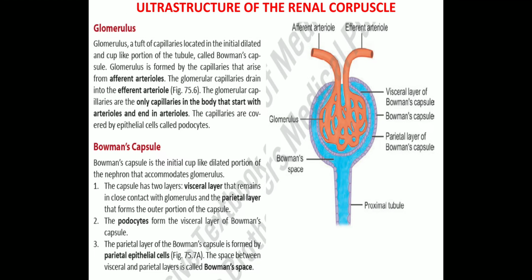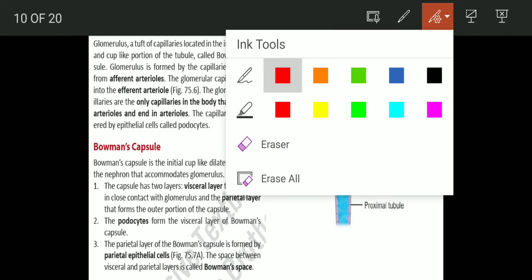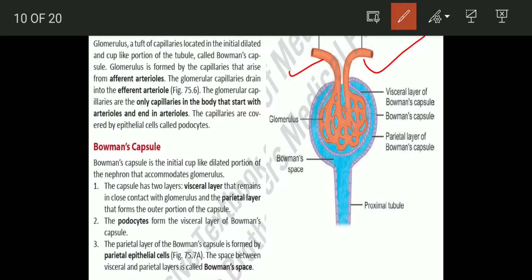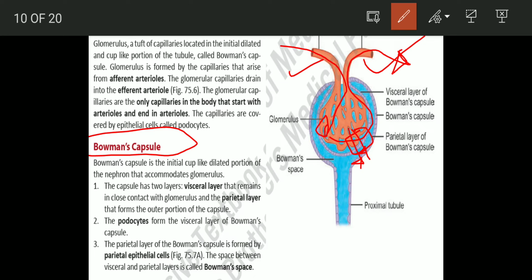The blood comes in and, after filtration, goes back. Everything gets filtered here: toxic products like urea, creatinine and uric acid go into the tubule, and furthermore there will be urine formation.